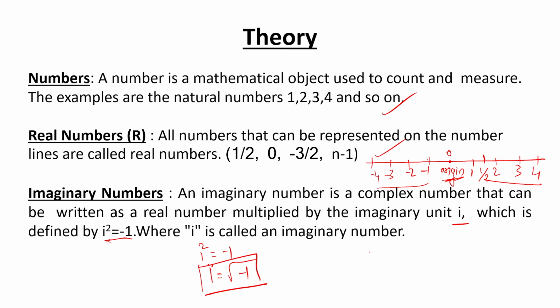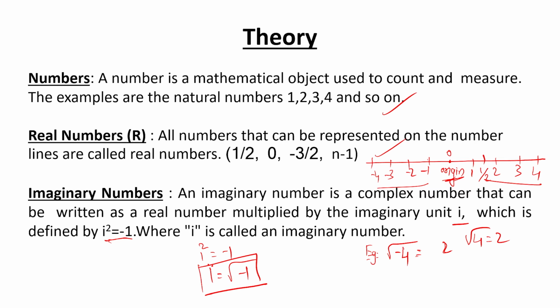What he is saying is that, let us take an example that we have square root of -4. How can we write this? To simply describe, an imaginary number is nothing but a real number multiplied by the imaginary unit i. Normally, 2 squared is equal to 4, so the square root of 4 is 2.